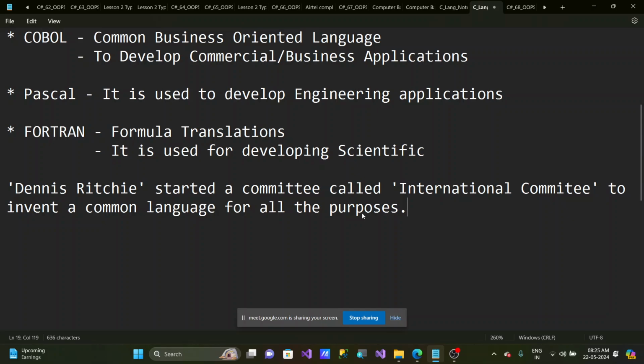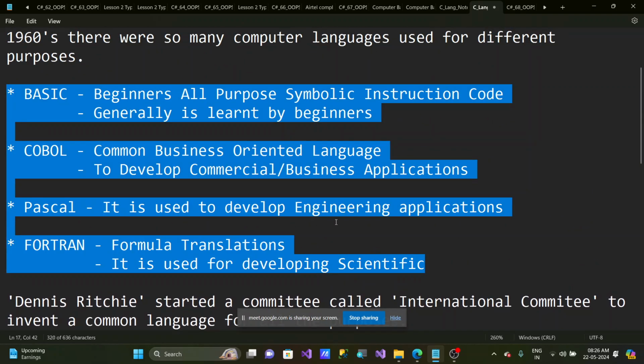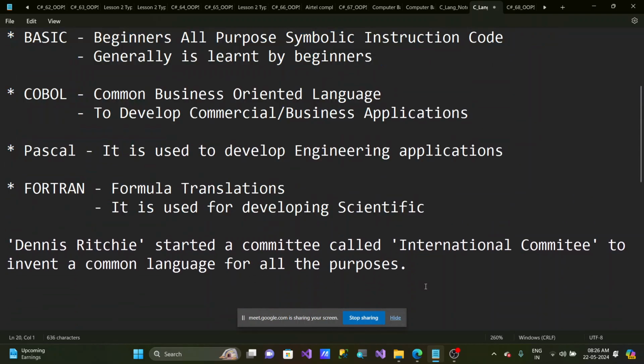He invited all the people from the US, and he asked all the scientists who were interested to join the committee, or else develop their own language able to solve the problems for all types of applications and submit it to him so that he could validate it. If it really met the requirements, definitely they would launch it as a common, generic language for all purposes.